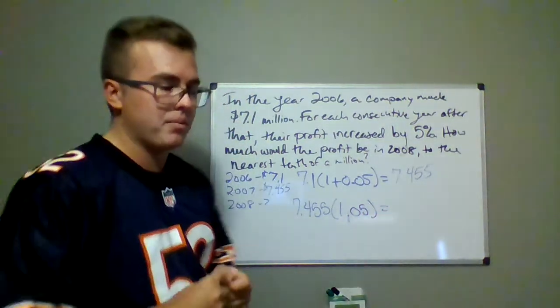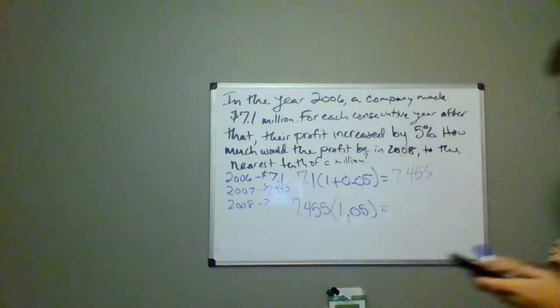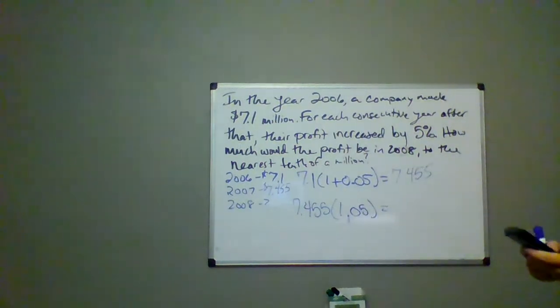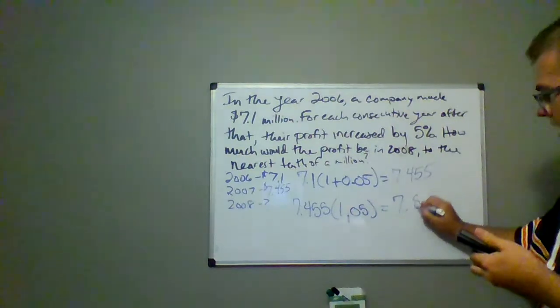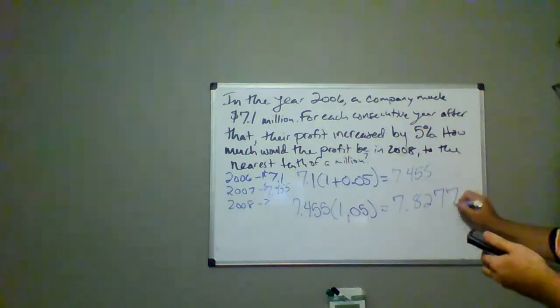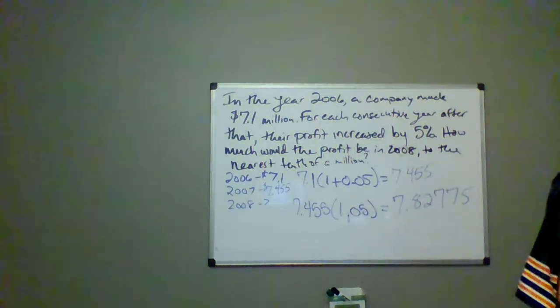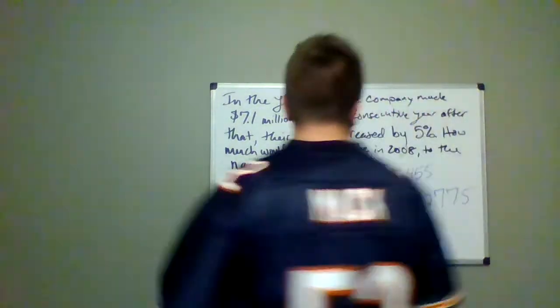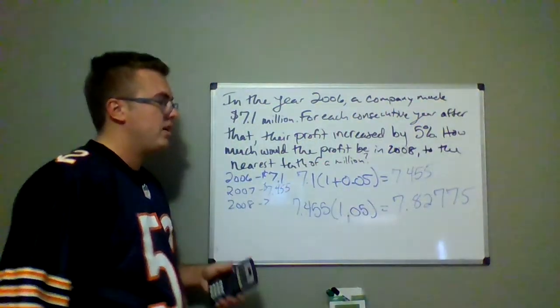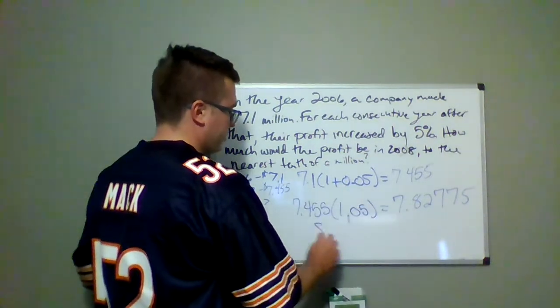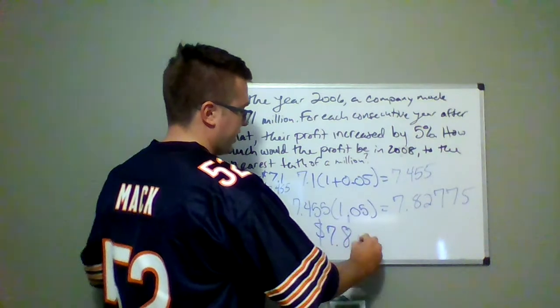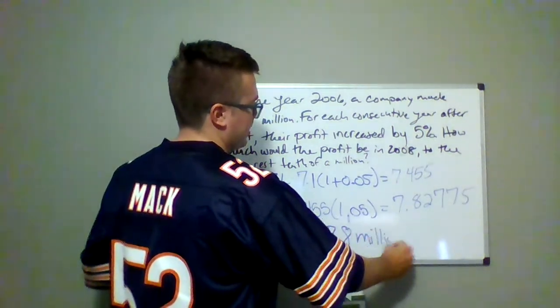And that's going to give me my amount in 2008. 7.455 times 1.05 gives me 7.82775. And then remember, we're rounding it to the nearest tenth of a million. So the tenth of a million would be right here. So our final answer would be $7.8 million.